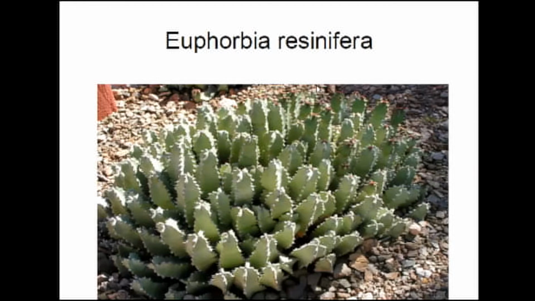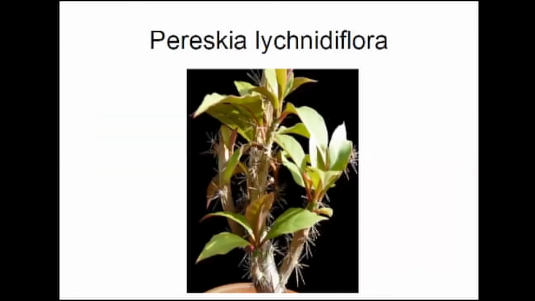So this Euphorbia resinifera is an example of a stem succulent from a completely different group, not related to Stapeliads, that looks very much like a Stapeliad. And here is another example. This is Pereskia, which is a very primitive cactus that didn't lose its leaves in the process of evolution yet.